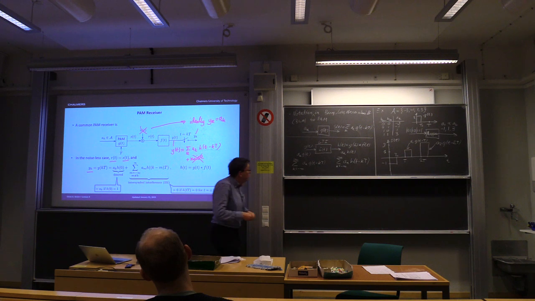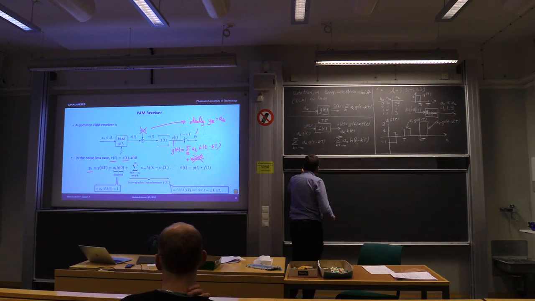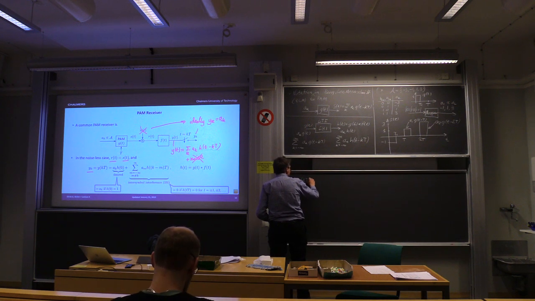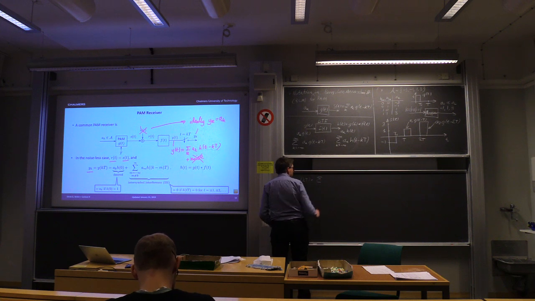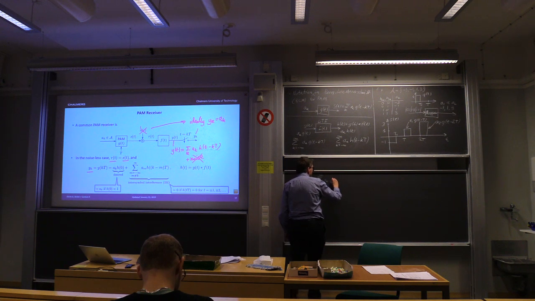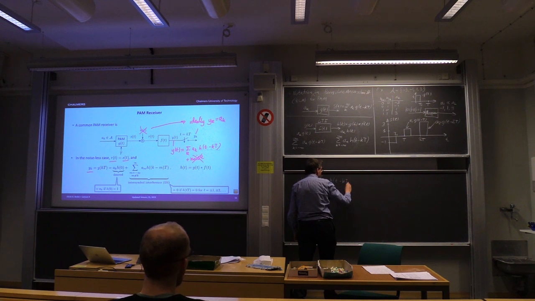Okay, so maybe I should write this up. y(kT). Okay, so what is y? Well, it's the sum over all k of a_k h(t minus kT). Sorry, rookie mistake. I will do this again.